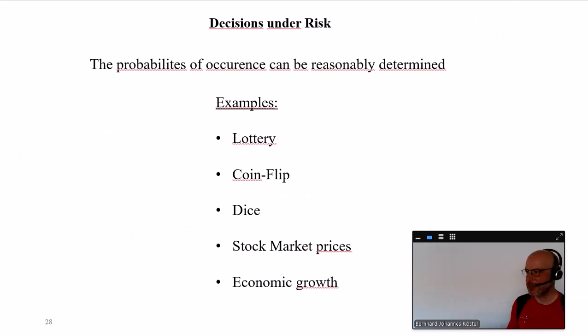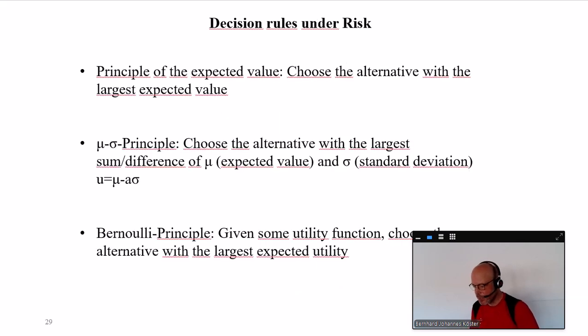Yeah, decisions under risk. I said it: classical lottery, coin flip, throwing dice, and then, so to speak, using reasonable probabilities in the stock market process and in general in economic growth scenarios. So very, very often we use this.